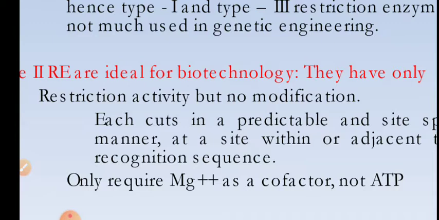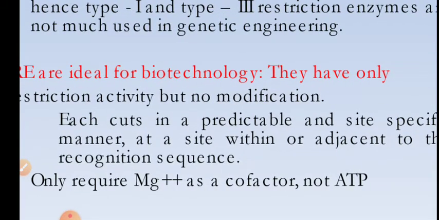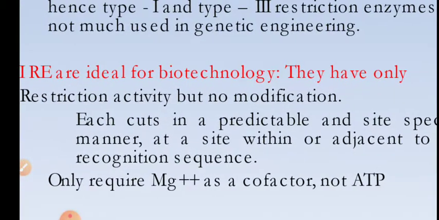First desirable feature. Number 2, each time they cut the DNA, they cut within the restriction recognition site or adjacent to the recognition sequence. So the cut made by type 2 restriction enzyme is predictable and site specific. They cut the DNA within or adjacent to the recognition sequence. They only require divalent magnesium ions as cofactor.